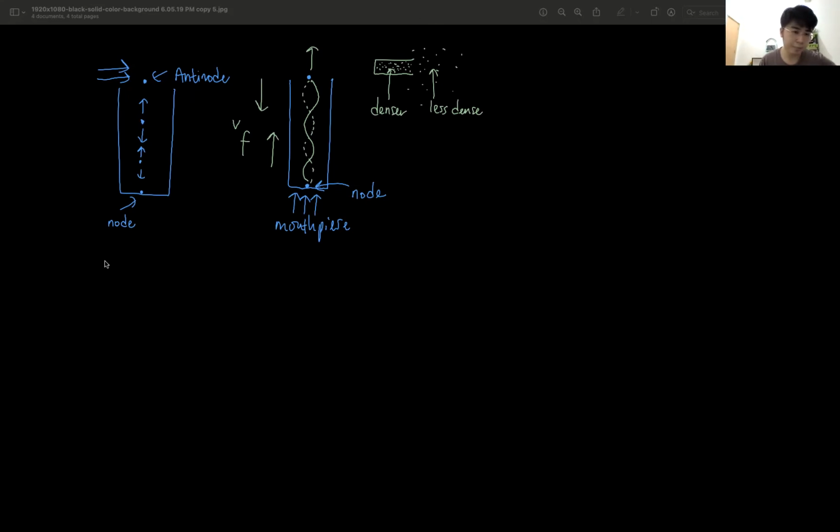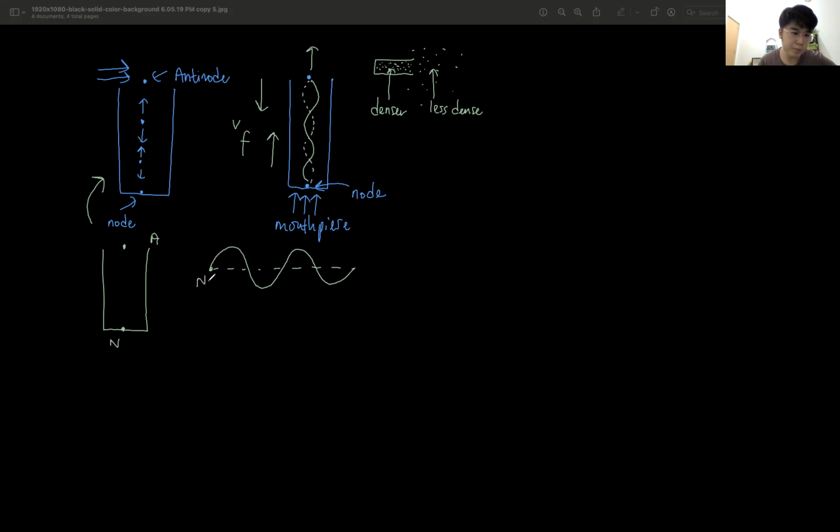So the first one, how do you draw it? Same as for the string. Here we have a node, and we have an antinode up here. Let's draw a wave and see how much of a wave fits between one node and one antinode.